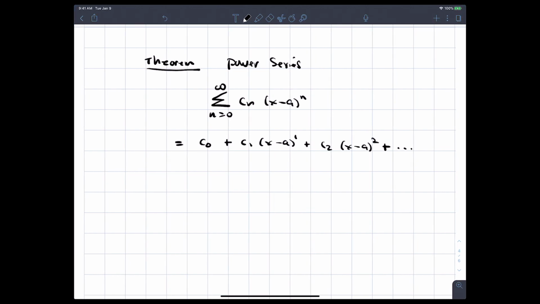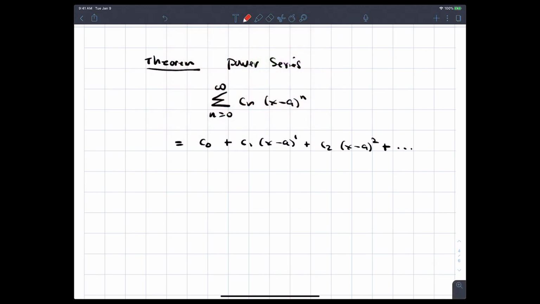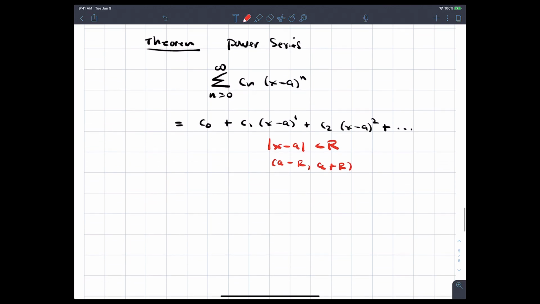So you start with the power series expansion in general, about a, not about 0, about a. What we know here is that it has an interval of convergence for the absolute value of x minus a less than r. And yes, by definition, that's a minus r, a plus r. So we went over this in the past.